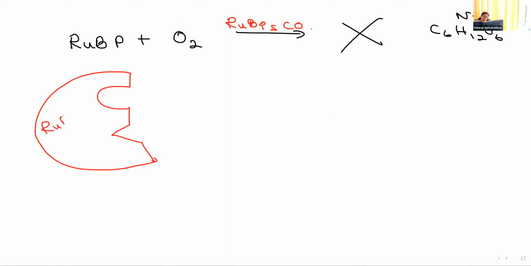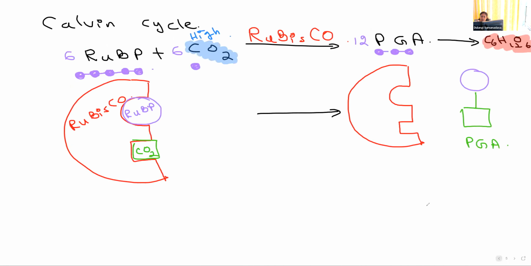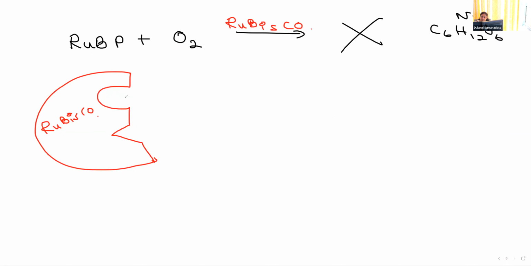Right, so this is the Rubisco enzyme. RuBP is exactly the same thing. But we don't have carbon dioxide, instead we have oxygen.